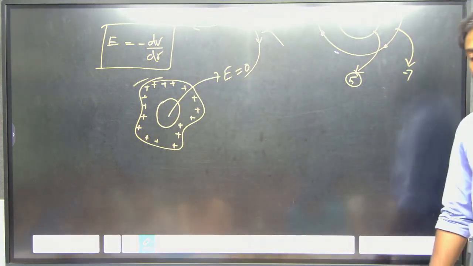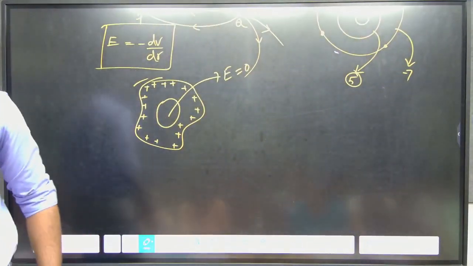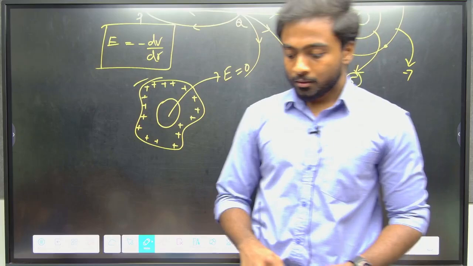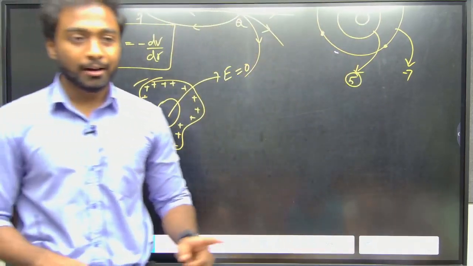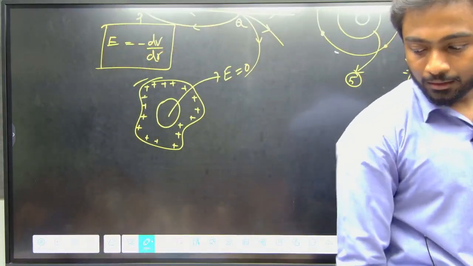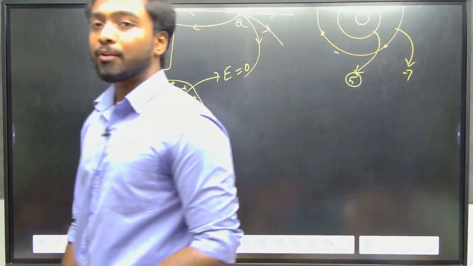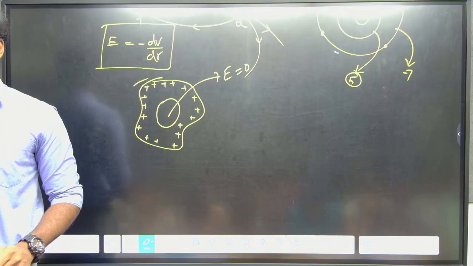Example number 1, or question number 1 under this. V is equal to 5x square is the potential at a point. Then find the electric field. Can I get the electric field here by using the relation dV by dr?